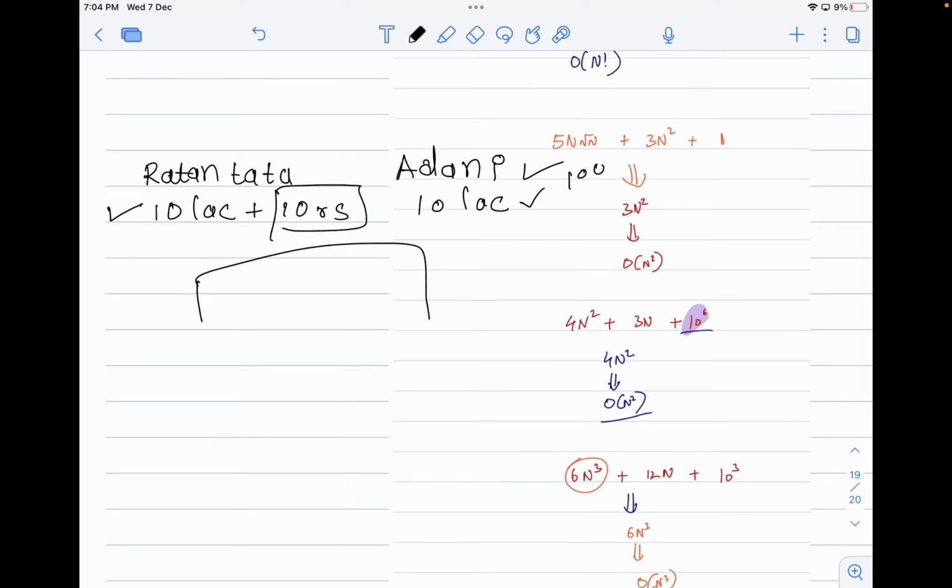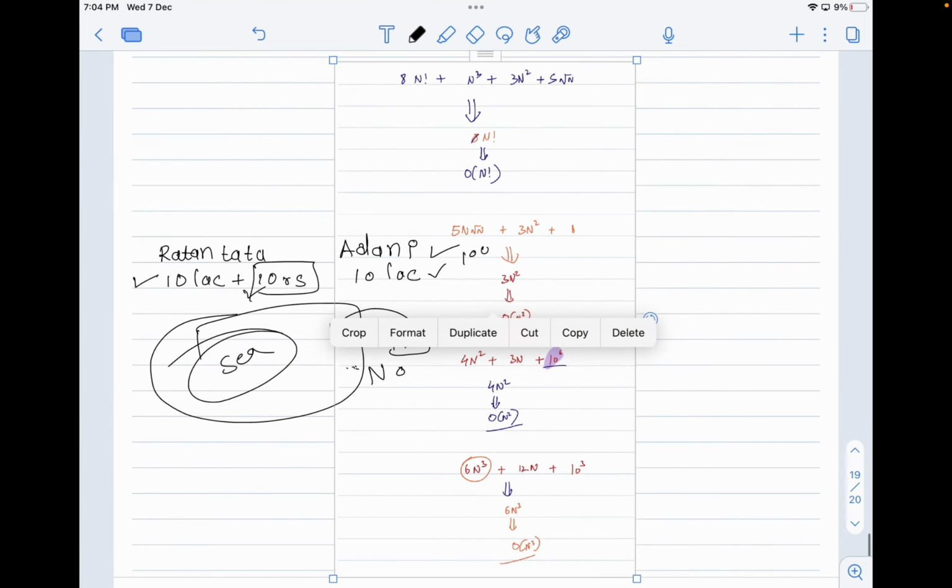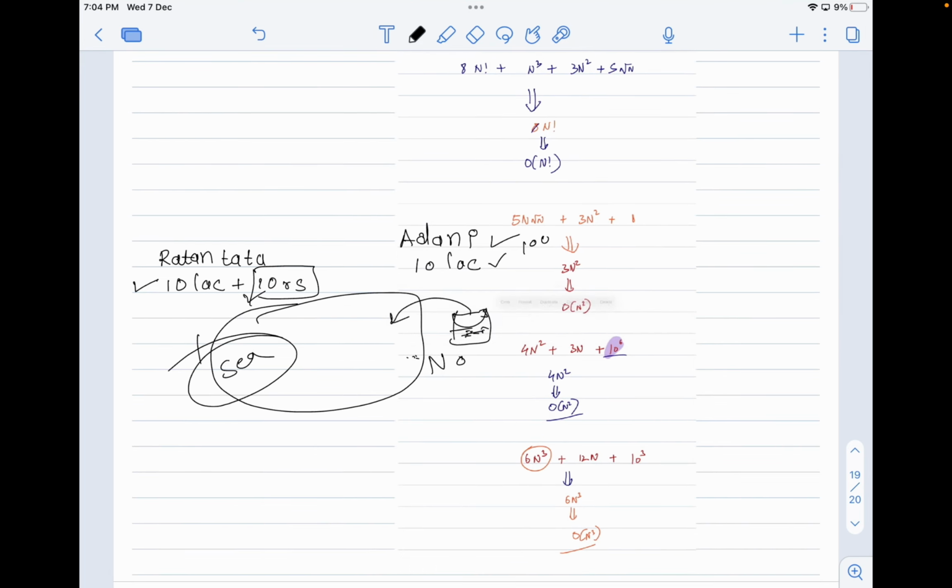It means you have a sea, and you came with a bucket, filled water inside the bucket, and threw the water into the sea. Can this water raise the level of the sea? No, right? The same thing: with these 10 rupees we cannot say that Ratan Tata is a rich person, because this is negligible.